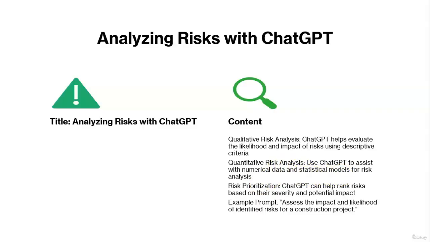While it would not replace specialist software, it can help set up simulations or preliminary calculations that guide further analysis. Risk prioritization: once the risks are identified and analyzed, ChatGPT can help you prioritize them based on severity and potential impact, ensuring that you focus on managing the most critical risks.